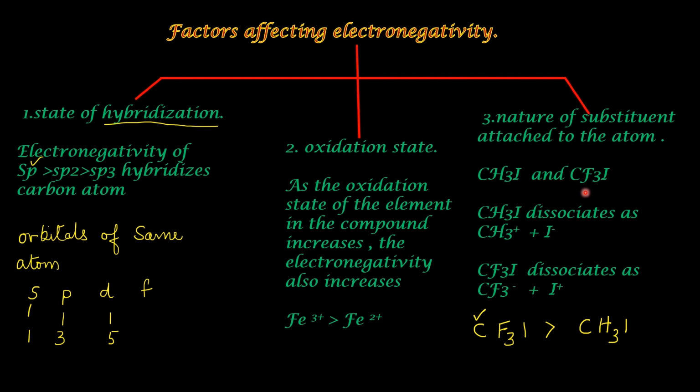That is why when it undergoes dissociation, the iodine atom acquires a positive charge. So the carbon atom in trifluoroiodomethane is more electronegative. So accordingly, the carbocation is formed from iodomethane, whereas carbanion is formed from trifluoroiodomethane. So carbon atom in trifluoroiodomethane is more electronegative than the carbon atom in iodomethane.